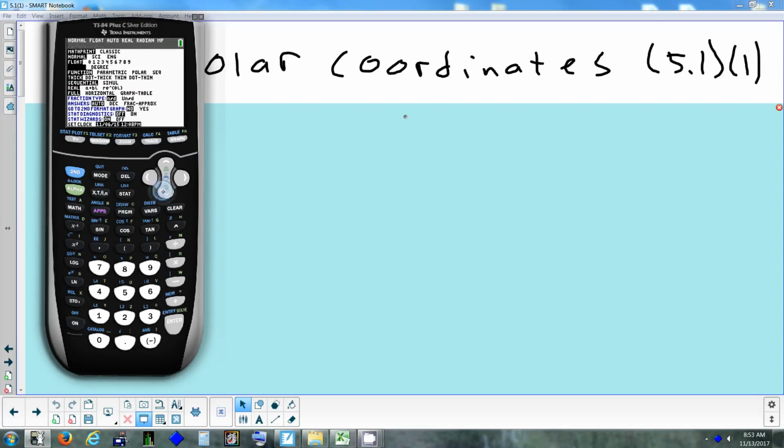Well, when you start getting into polar graphing, we can graph all kinds of different things, like a circle. That's not a function, because if I put a vertical line, it hits it more than once. That's something you can't easily do in y equals. We could also graph a spiral.